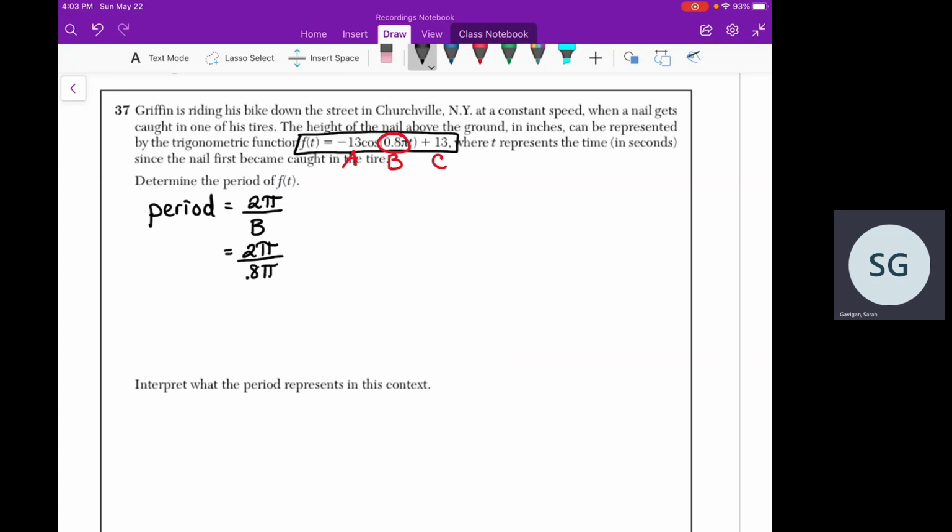If you're going to type this all into your calculator at once, you need to put parentheses around that whole denominator or else your calculator is not going to give you the right answer. If you're doing it mentally, you can see that the pi's cancel out, and you just have to make sure that your calculator tells you the same thing. So the period is 2.5.